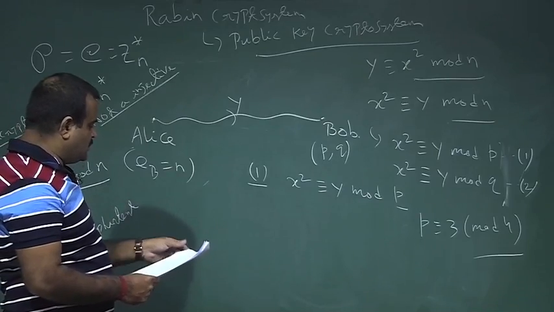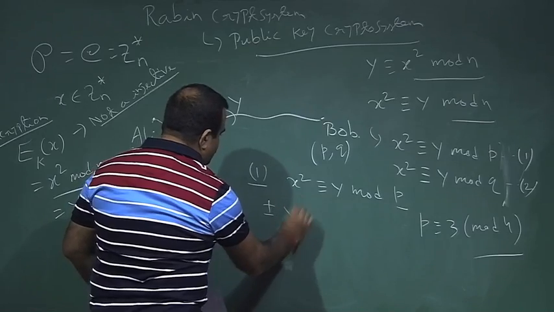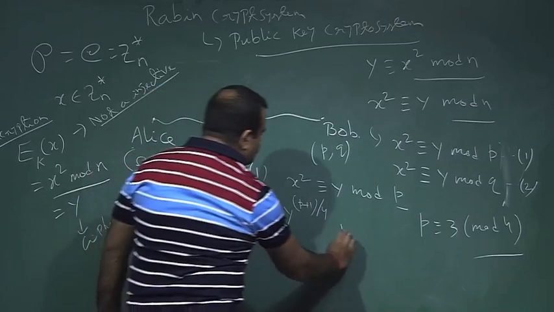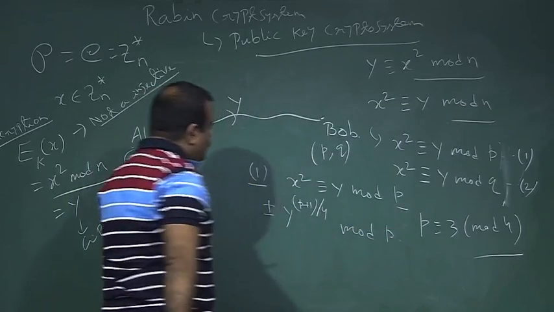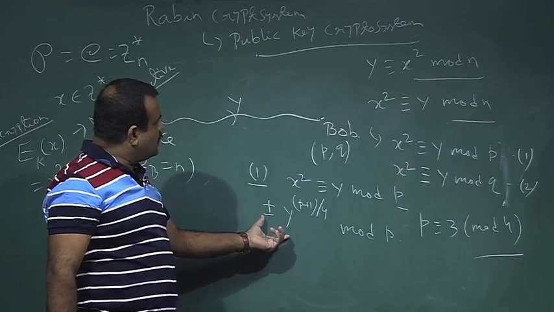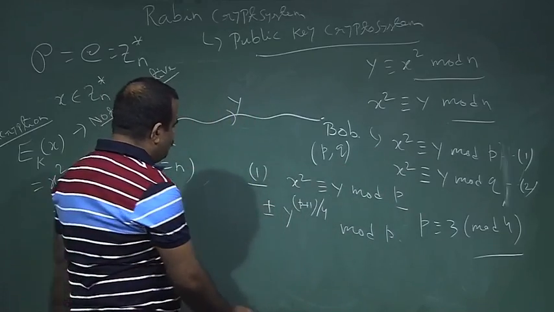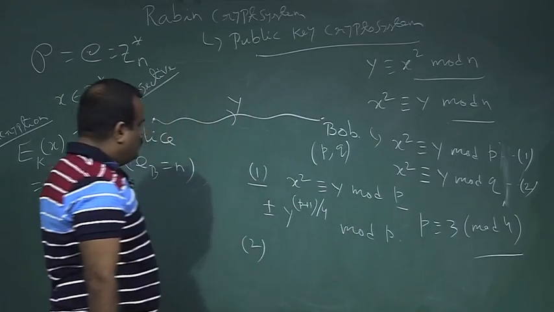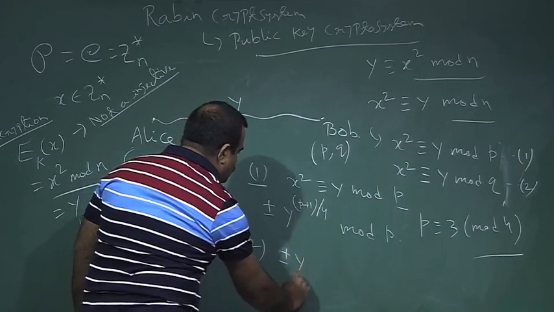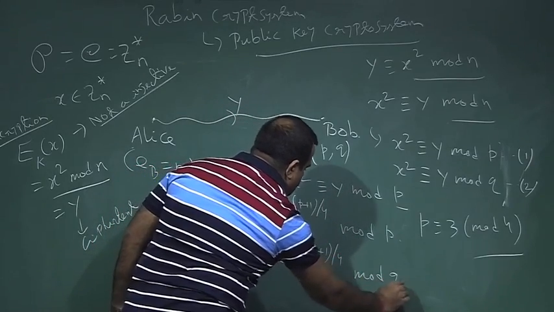So, what is the solution? We know the solution is basically plus minus y to the power (p plus 1) by 4 mod p. So, we have two solutions from here. From equation 2 also we have two solutions, plus minus y to the power (q plus 1) by 4 mod q.